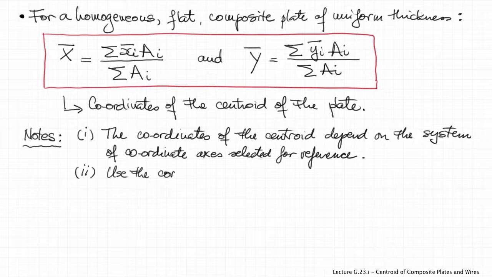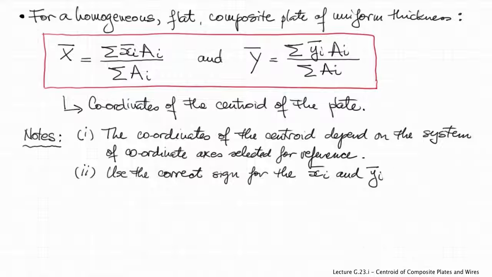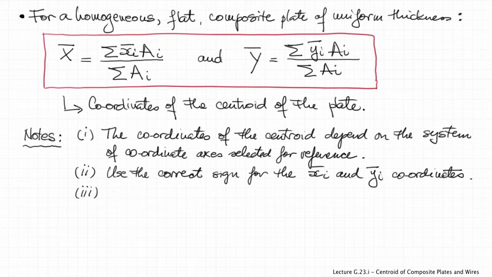Everything is relative to the system of axes. Then when you input the numbers into these formulae, you have to use the correct sign for xi bar and yi bar depending on their relation with respect to the system of coordinate axes.